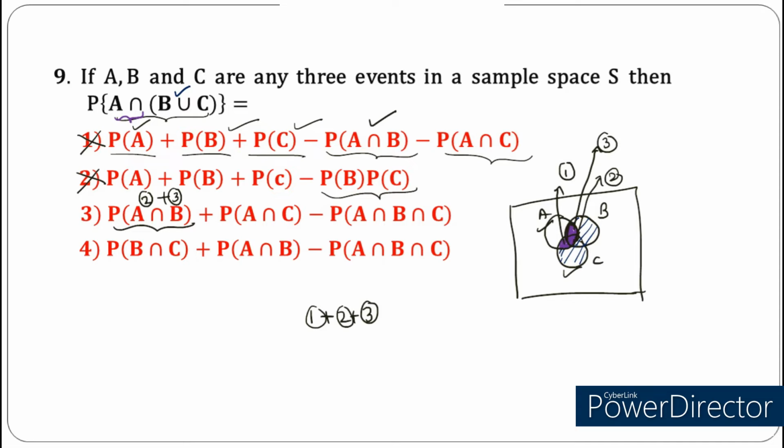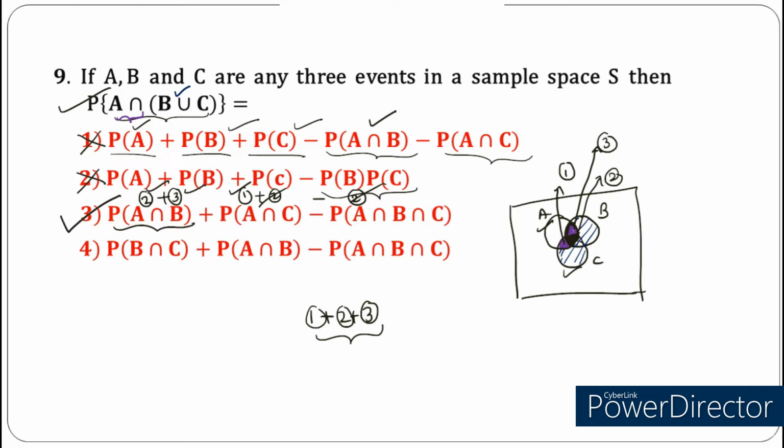This is your part 2, right? And part 1. It contains part 2 and part 1, minus P of A intersection B intersection C. That means common to all of them. This part is common to all of them, that is nothing but part 2. So I will remove part 2. Now see here, plus part 2 minus part 2 cancel. What do you get? 1 plus 2 plus 3. 1 plus 2 plus 3 is nothing but what? P of A intersection (B union C). Right. So which option? Option 3.